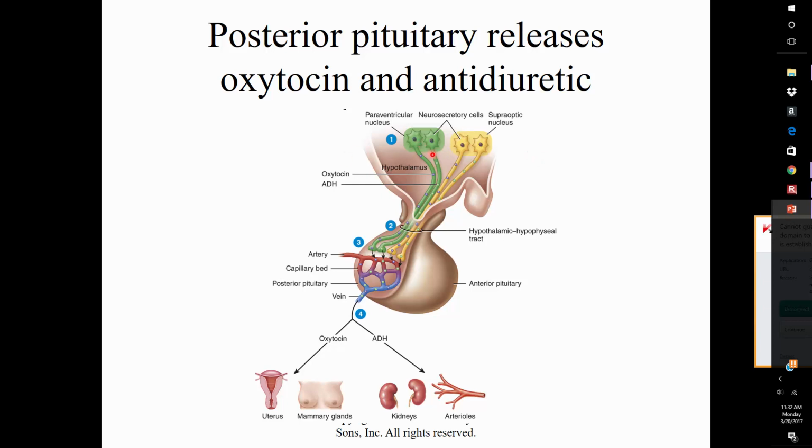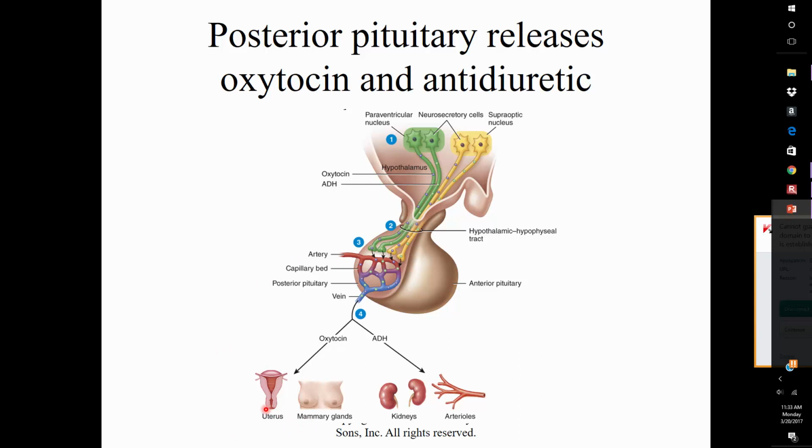And they project down through the stalk of the pituitary. They synapse on a capillary bed, and then their hormone is secreted basically into the venous blood. That blood's going to go to the right heart, through the lungs, through the left heart, and then out through the body.